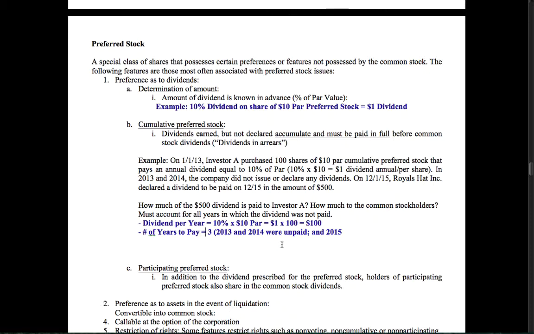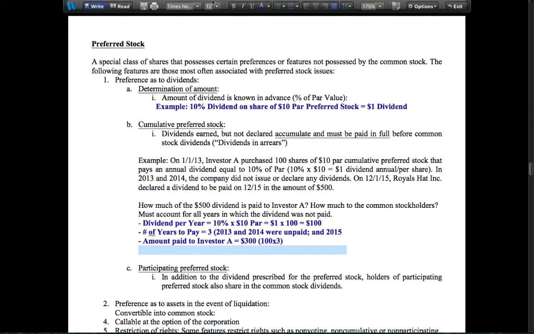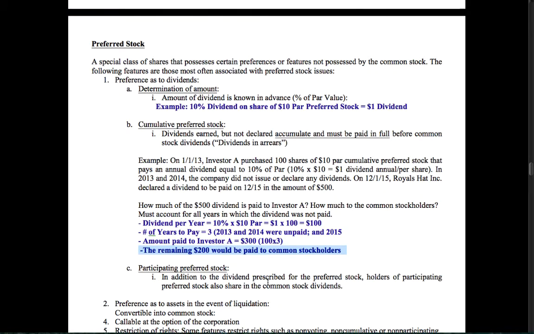If, for example, the company had paid dividends every year, then the amount they would pay in 2015 would only be equal to 1 year. Therefore, the amount that is paid to Investor A is going to be $100 times the 3 years that he is owed, so $300, leaving the remaining $200 left to the common stockholders.